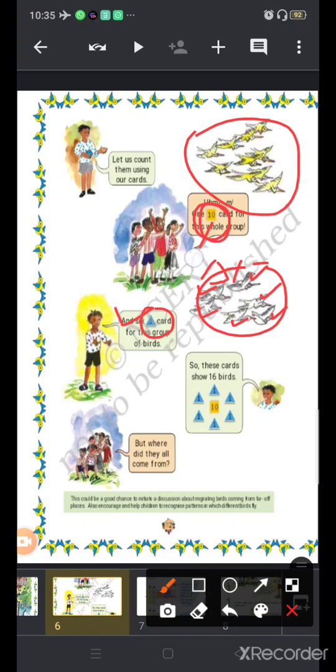So 10 plus 6 is equal to 16. This shows 10 and 11, 12, 13, 14, 15 and 16. It means these blue cards and one 10 card show how many birds? 16 birds. Okay. Let's move on to the next page.